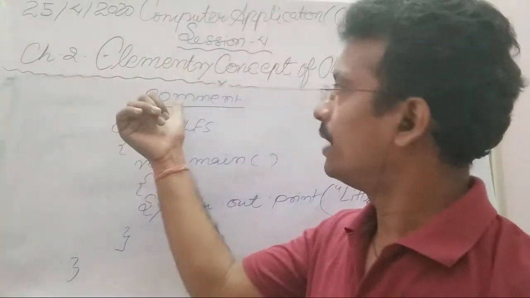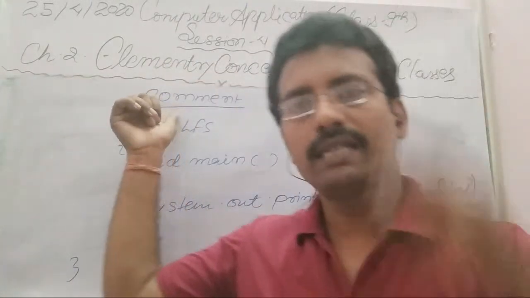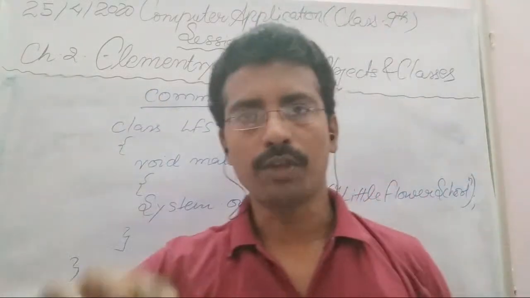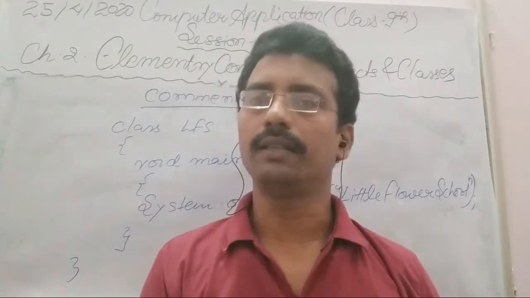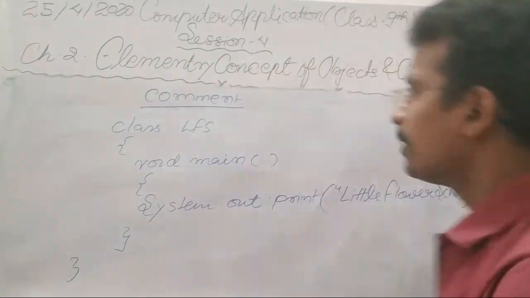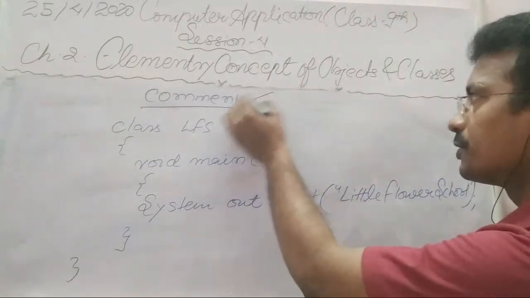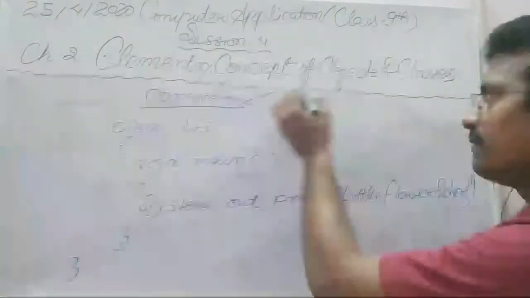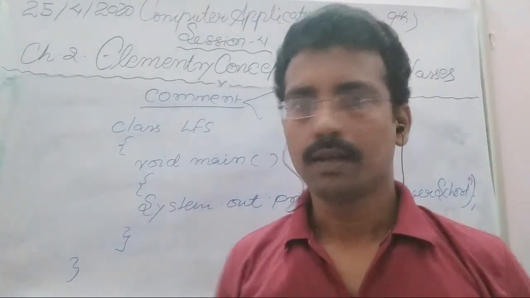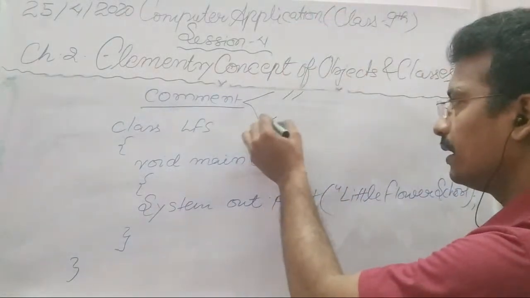Those parts are called comments. So comments are special remarks written in the program which will not be touched by the compiler. How can we write them? What are the types? Let's see. There are two types of comments. One is written with two forward slashes, and one is written with a star.